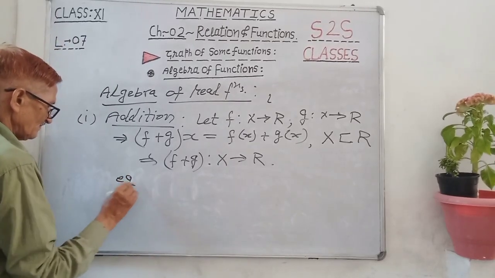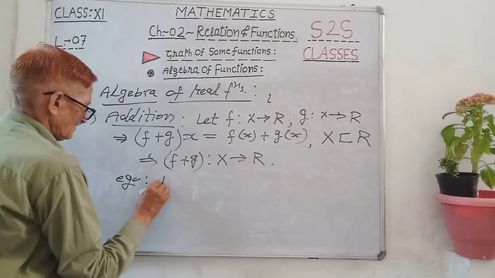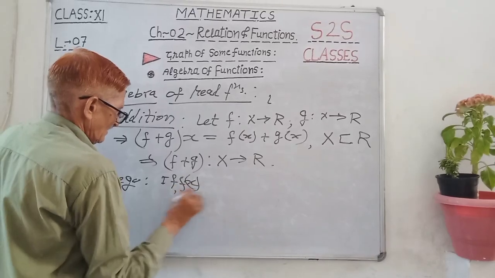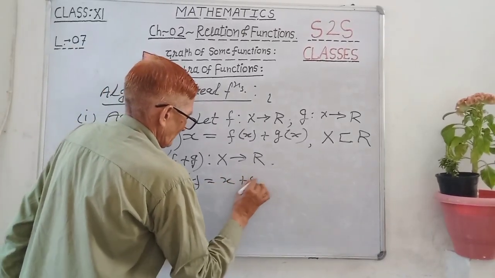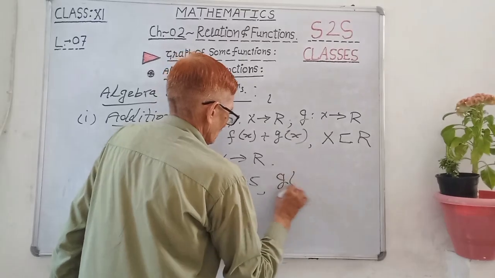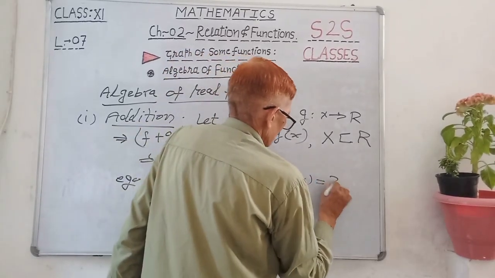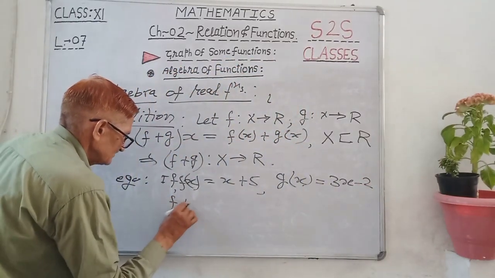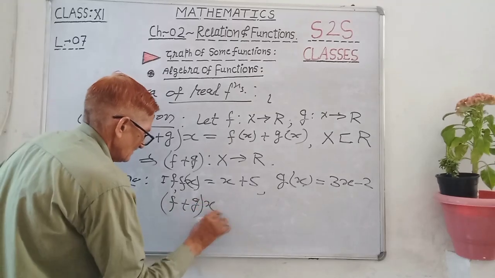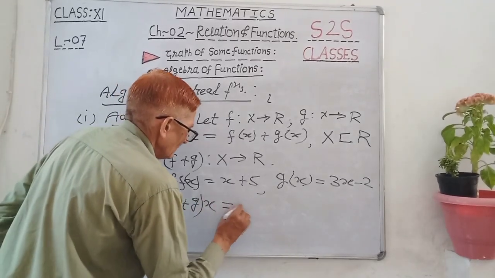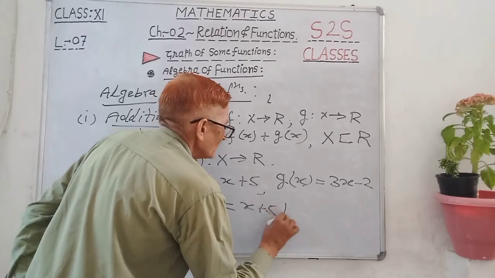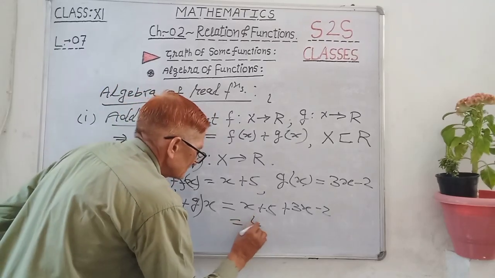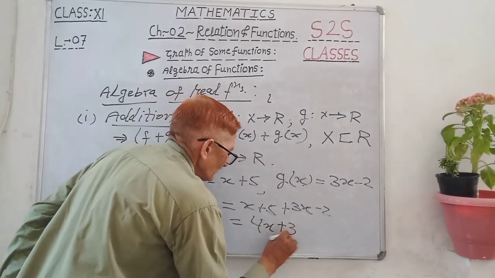Example: if f(x) is equal to x plus 5, and g(x) is equal to 3x minus 2, then (f plus g)(x) will be equal to x plus 5 plus 3x minus 2, and then adding, 4x plus 3 simply.